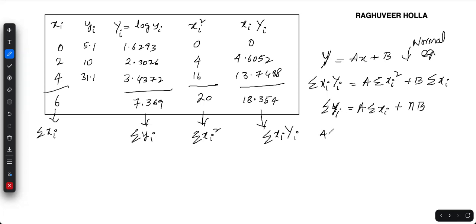Here a as b, as I said, and b is log a to the base e.